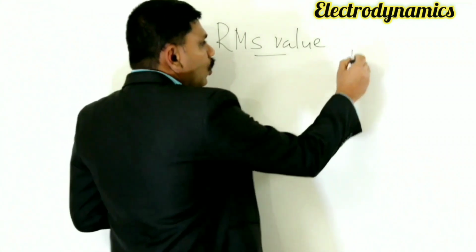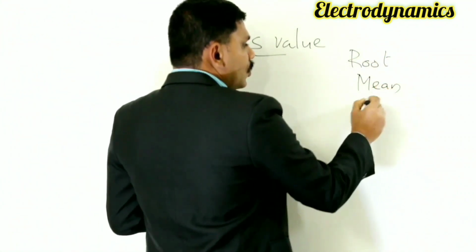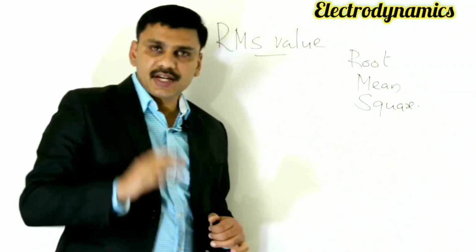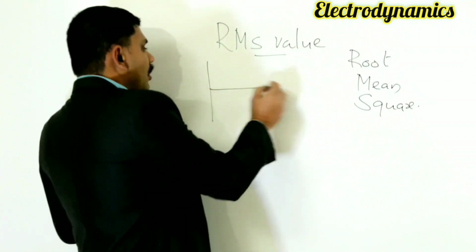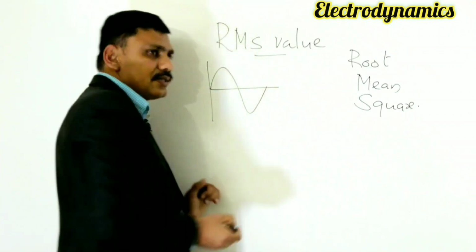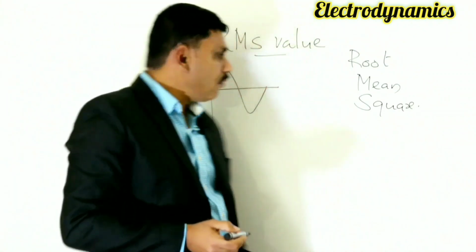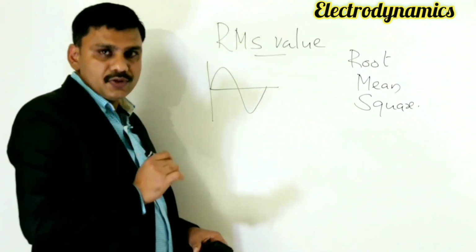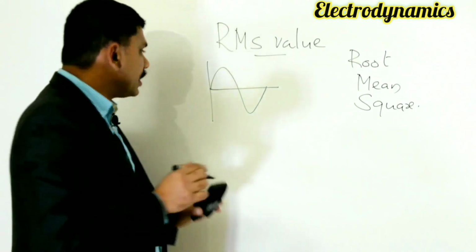RMS means root mean square. What is the significance of the RMS value? If you have an alternating current like this, what is the average value of this? The average value is 0. What is the reason?